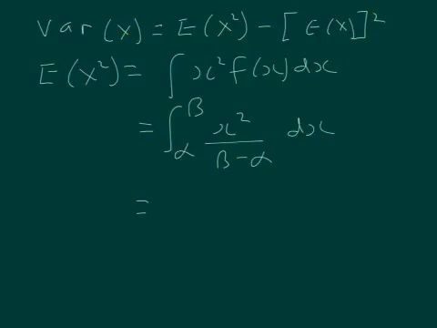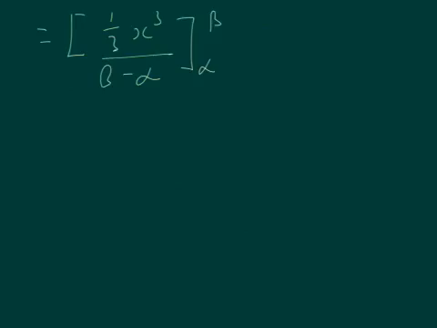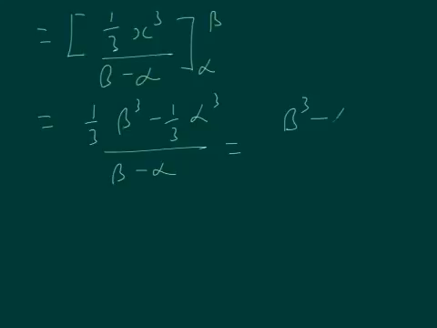So then we integrate this. That's 1/3 x cubed over beta minus alpha between the limits alpha and beta. Let's substitute those in. So that's 1/3 beta cubed minus 1/3 alpha cubed over beta minus alpha. A third is obviously a factor, so we get beta cubed minus alpha cubed over 3 times beta minus alpha.